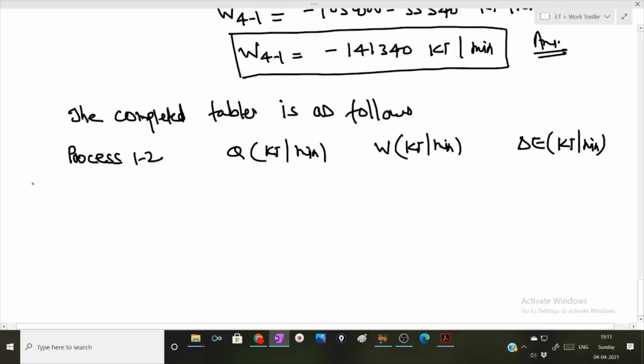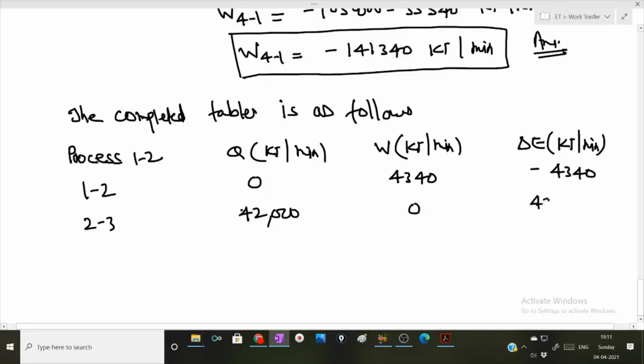So for process 1 to 2, the value of Q was given as 0, W as 4340. So we could calculate delta E as minus 4340 kilojoule per minute. For process 2 to 3, the value of Q was given as 42,000, W was given as 0.